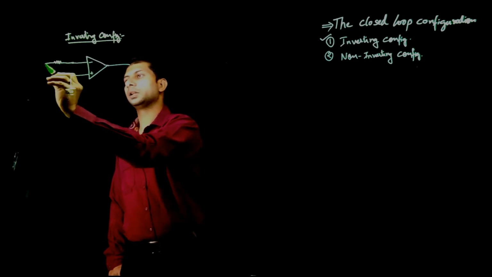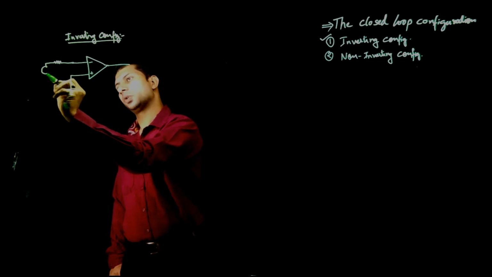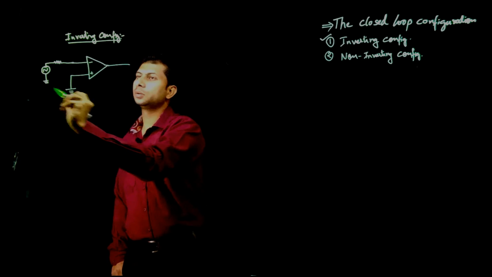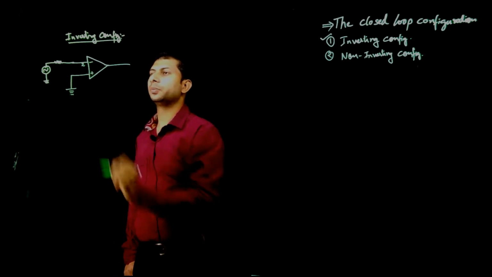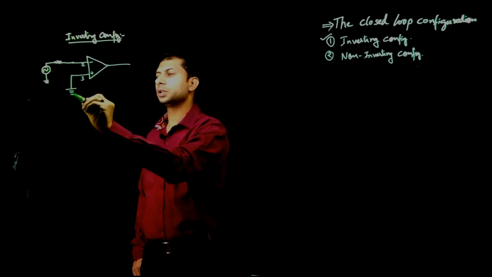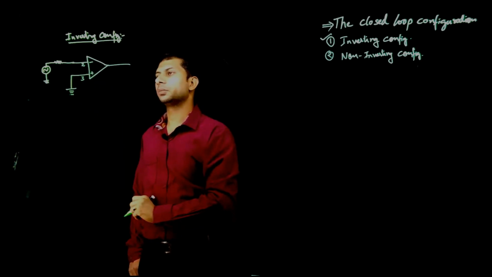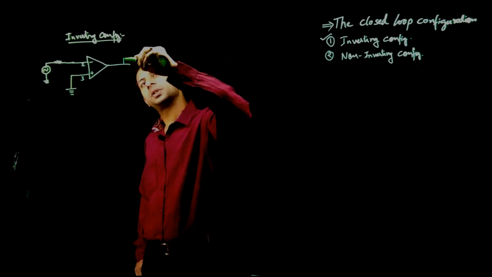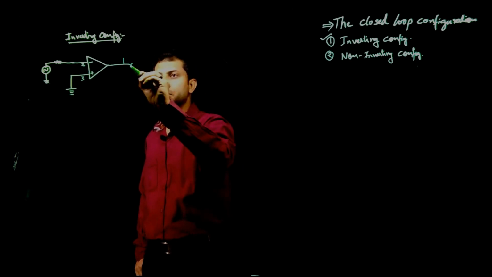For the inverting configuration we make it like this. We give input to pin terminal number 2, and we generally connect pin number 3 with ground, and we take the output from pin number 6.